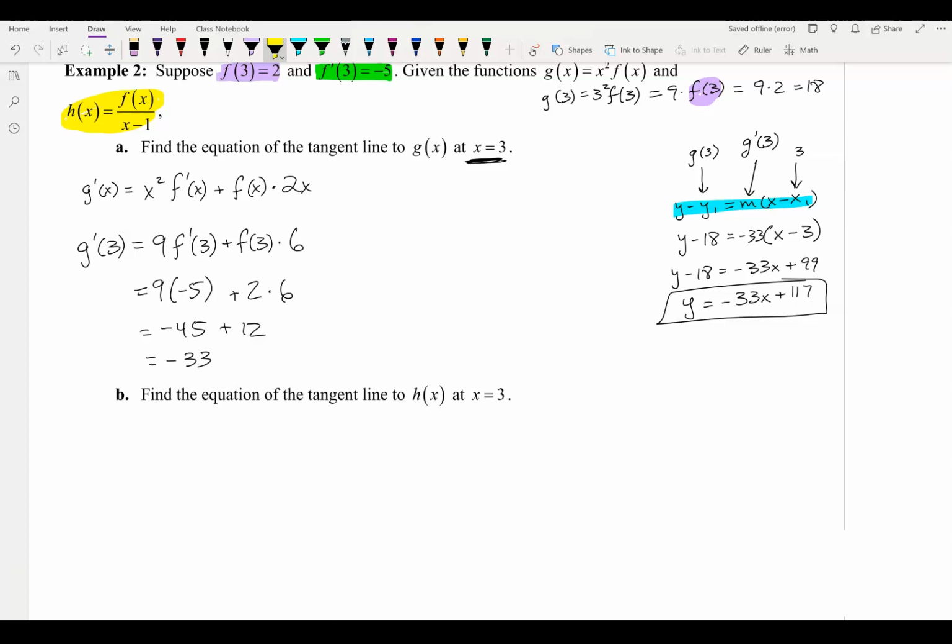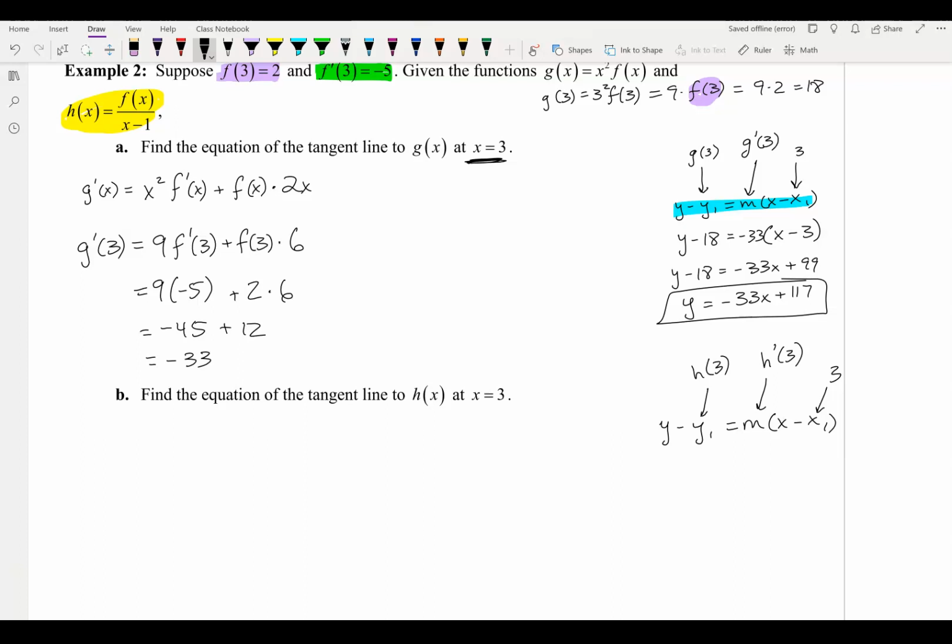So we're going to get to do all the same sorts of things, right? We're going to need, again, if I start here, y minus y1 is equal to m times x minus x1. Again, x is 3 in the question. We're now on the function h, so the y value is h of 3. And the slope of the tangent line, I should say, is going to be the derivative of h at 3.